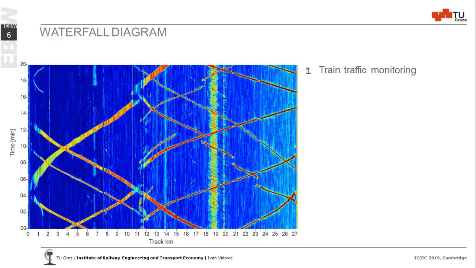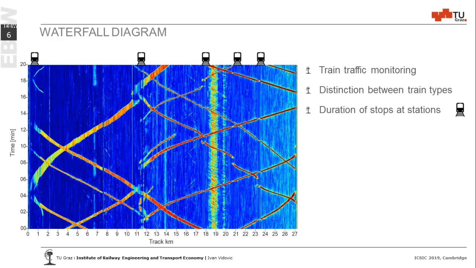So the waterfall diagram is very good for train traffic monitoring. As you can see various train times, and you can see the duration of stops in stations. As you can see here, here's a station.